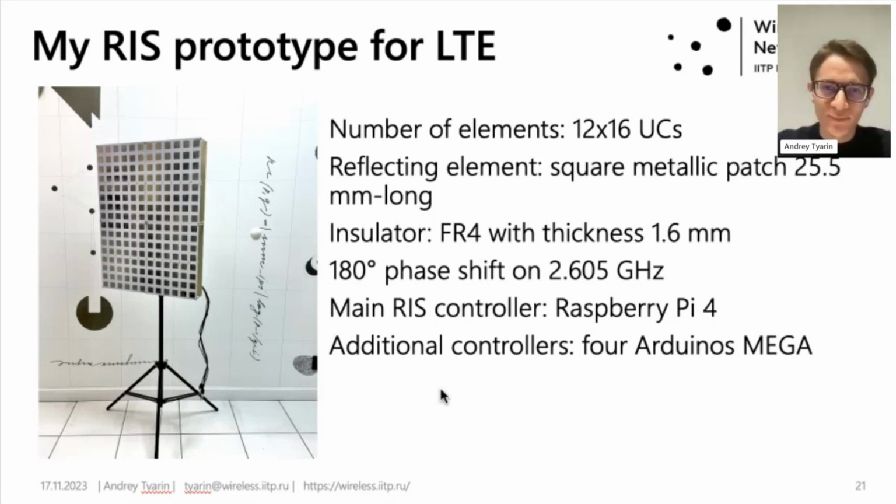Also, I want to make at least 2-bit phase quantization, not one, and maybe higher frequencies like millimeter wave. And for that case, a pin diode maybe is not a good choice, and in the new one I see a varactor as the tunable chip.